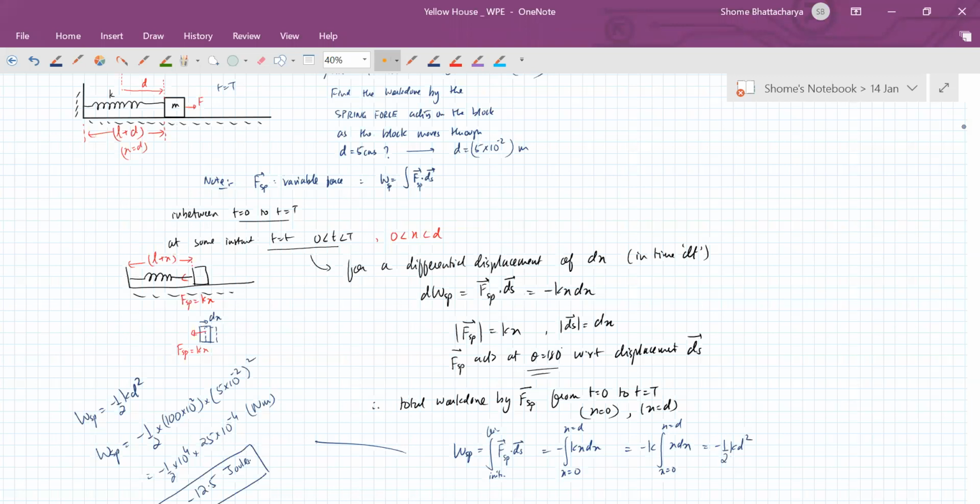In this case, the spring force over displacement, when it's integrated, it is minus kx dx integration.